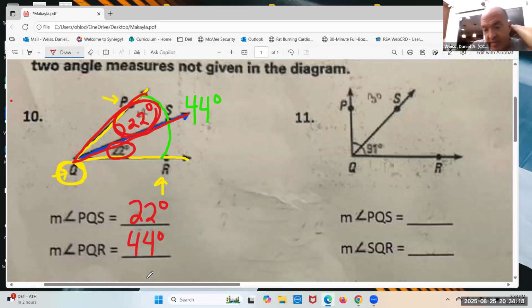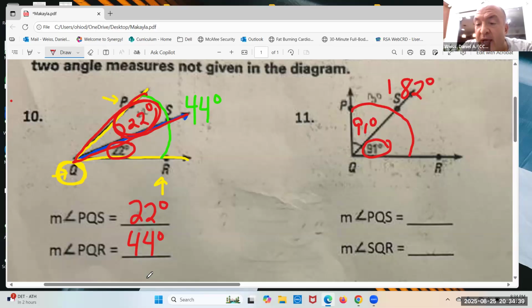Oh, okay. So now in number 11, this guy here is 91, which means the whole thing is 182, because 91 plus 91 is 182. So PQS is 91 and SQR.